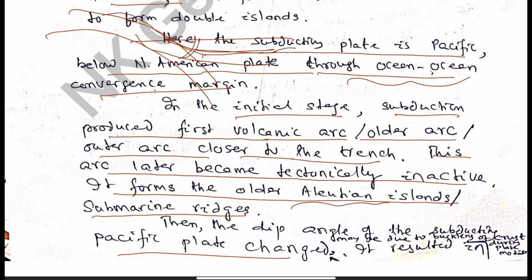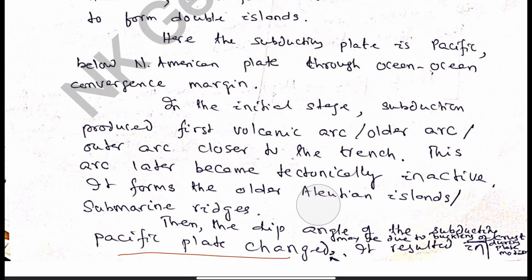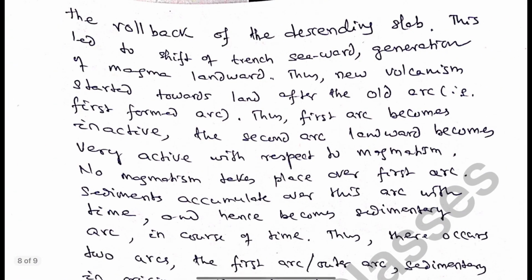If buckling takes place and the angle of subduction changes, this process results in the rollback of the descending slab.